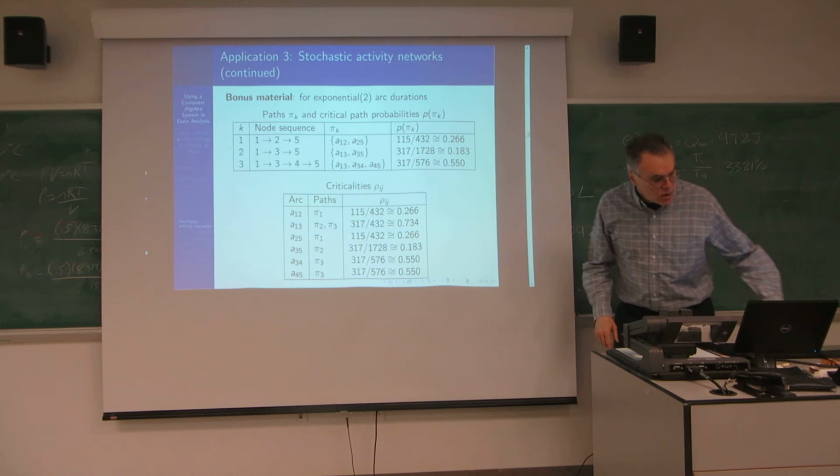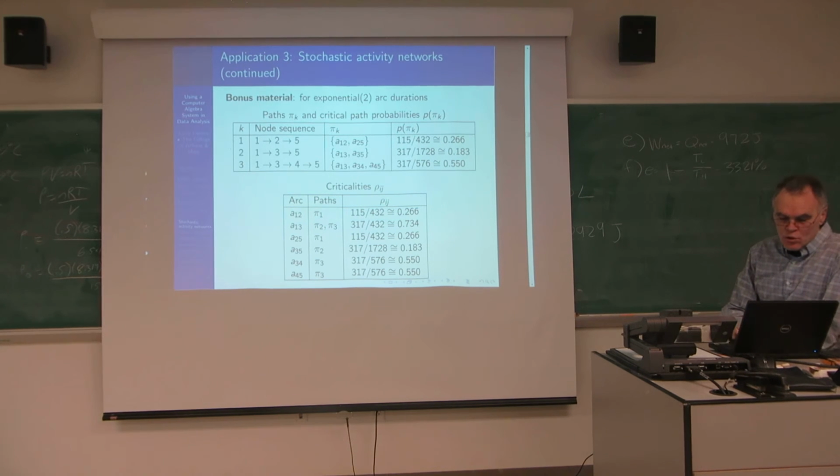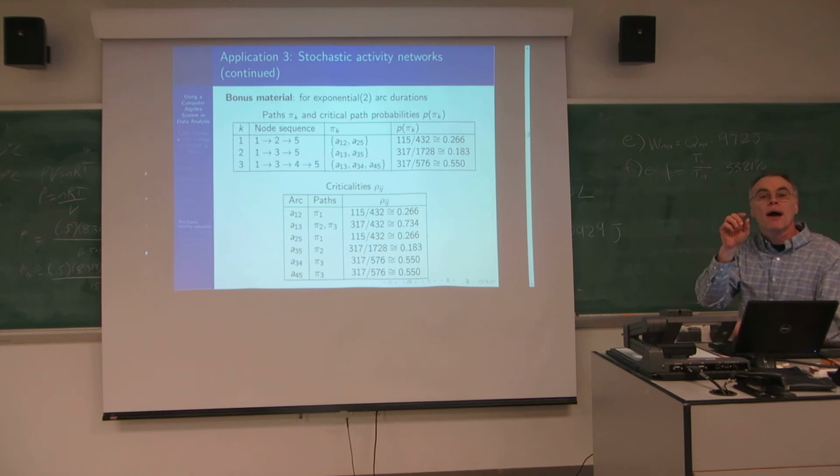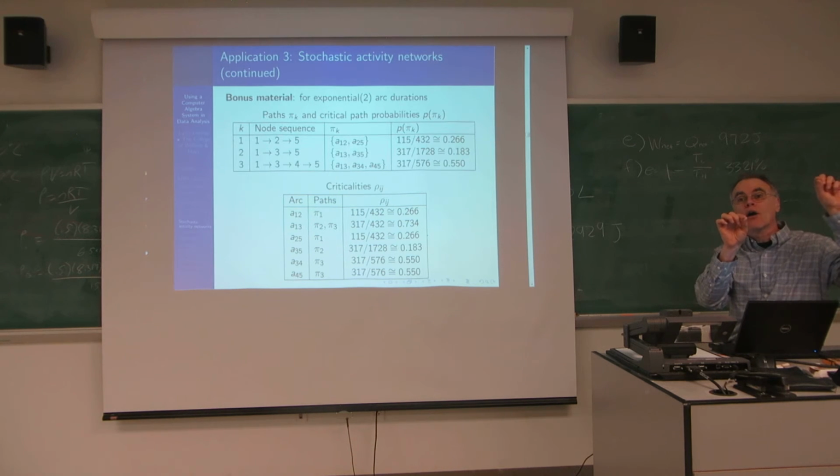There's another thing down here, and these are called the criticalities. If you look at these numbers here, which are the paths pi 1, pi 3, etc., if you look at all of the different arcs that are along in here, there are probabilities out here. They don't add to 1, and they shouldn't. These probabilities are the probability that that particular arc lies on the critical path.